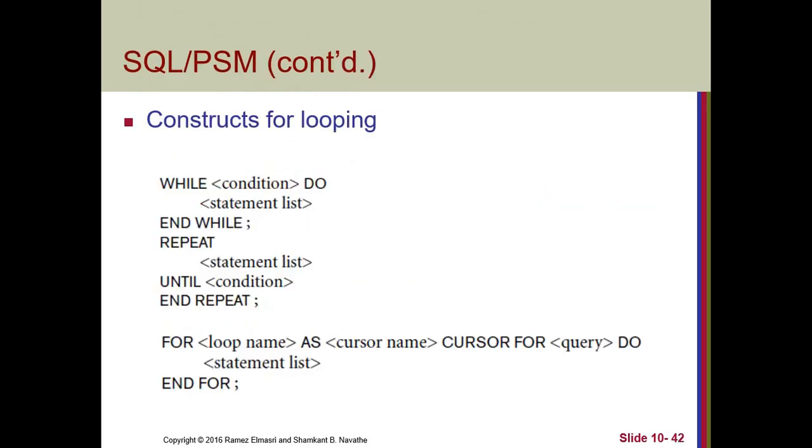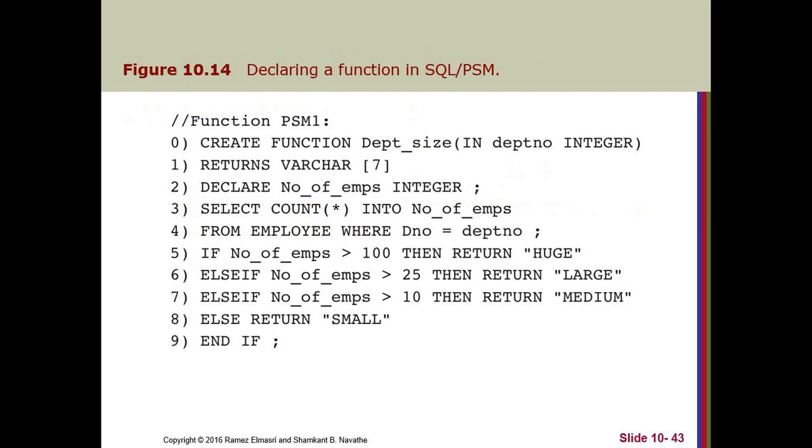Similarly, you can use a while statement or loop just like you would in Java or any other programming language. Here, we are using functional programming in SQL to run a query.